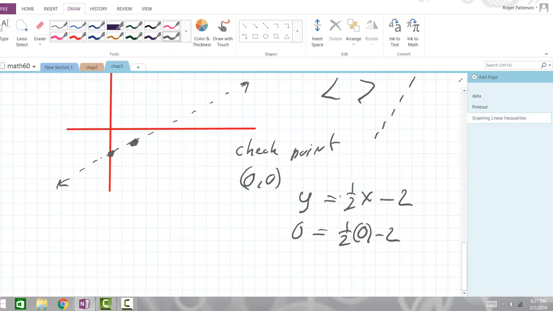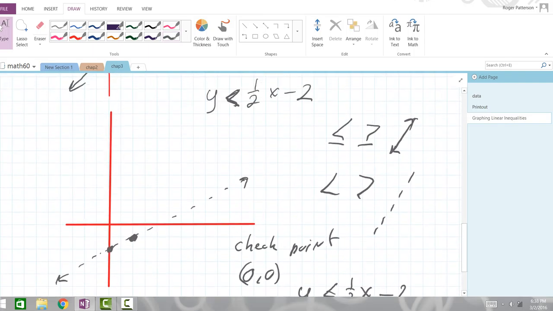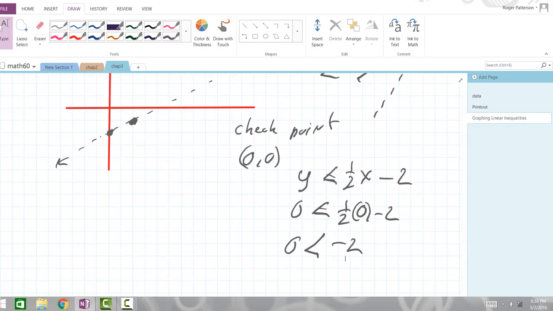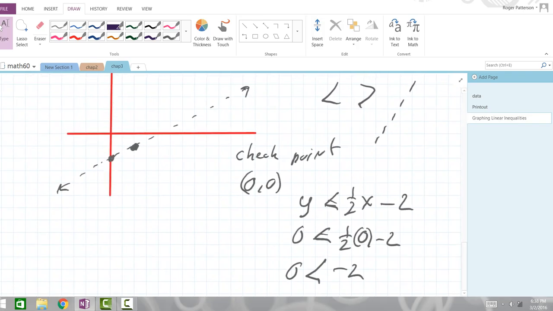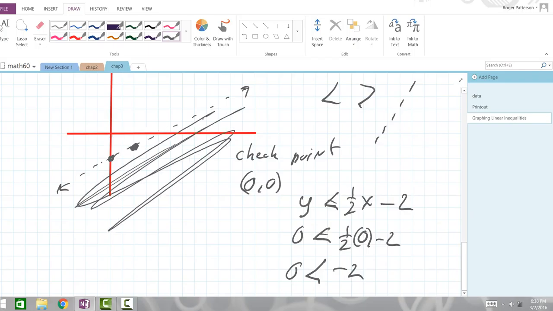Yeah, you're right, Les, thank you. So I have 0 is less than 1/2 times 0. What's 1/2 times 0? 0 would be -2 then. So just want to make sure I did it right. Is 0 less than -2? No. So that means I wouldn't shade up here because that's where 0, 0 is. I better shade down here. Okay.